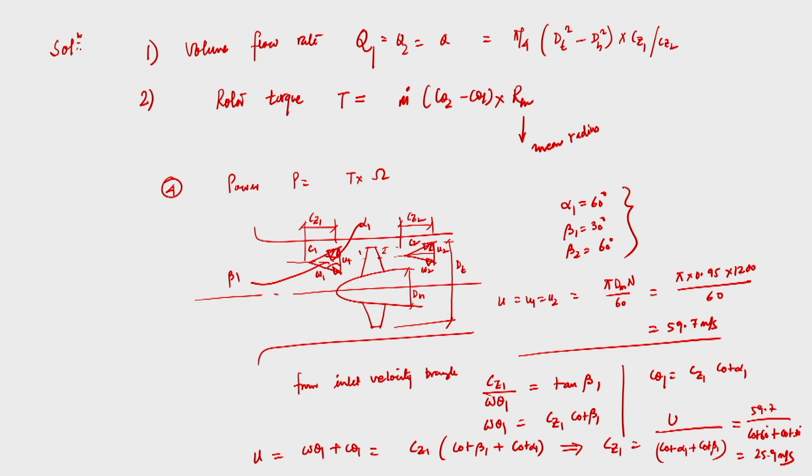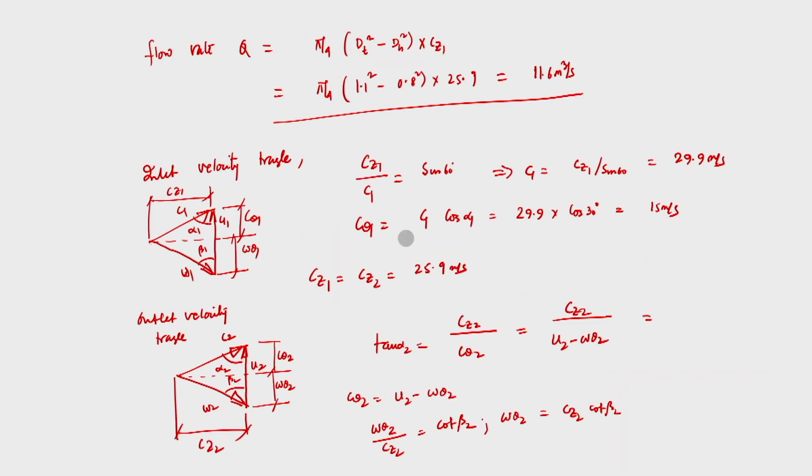So, we can calculate alpha 2. Tan alpha 2 is 25.9 divided by U2, which is 59.7, minus Cz2 cot 60 degree. So, alpha 2 will be tan inverse of this quantity.